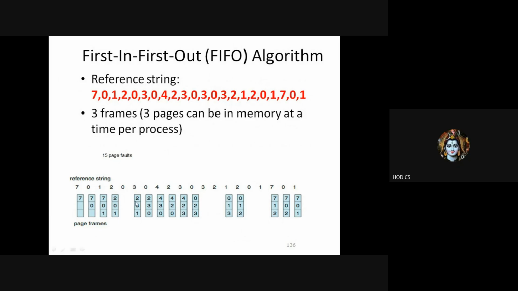So I have 2, 3 and 1. So next comes the bit 0. So now you need to check which has to be replaced because 0 is not available here. So again, check which has come first. So after 1, 0 has come first, so 0 has to be replaced.